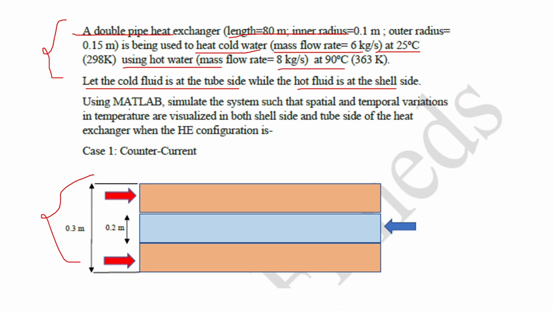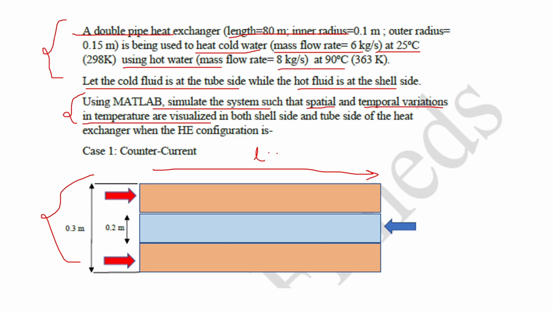So using MATLAB, we need to simulate the system such that spatial and temporal variations in the temperature are visualized. This sounds a little complicated, but what this sentence actually means is that we need to find how the temperature changes with respect to space, which is the dimension.